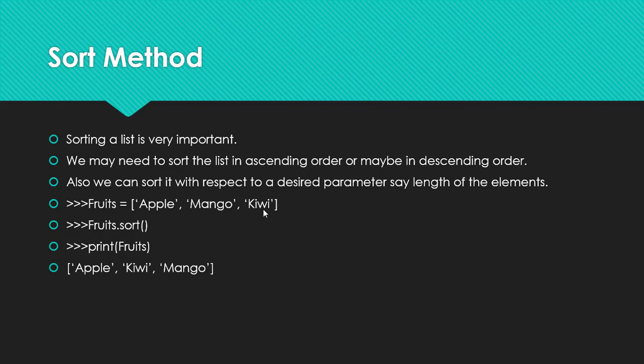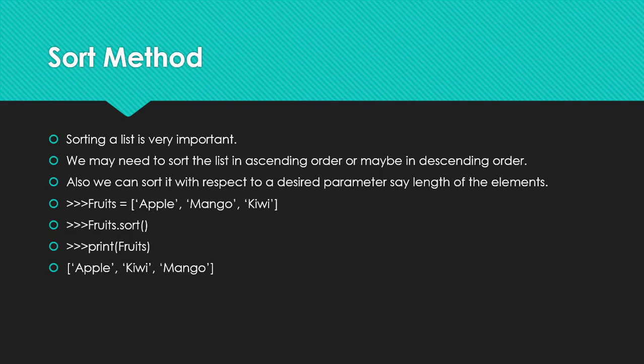As you can see, according to the alphabet, A comes before K and K comes before M. So the elements of this list are now sorted in ascending order. fruits.sort is the very basic syntax for sorting any list into ascending order.